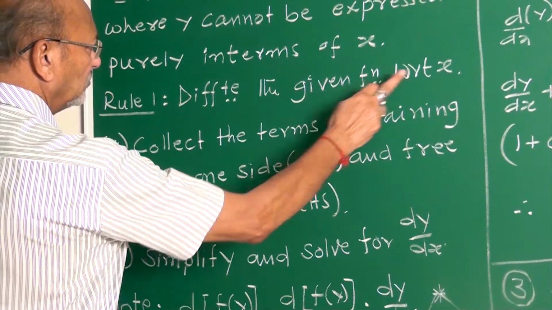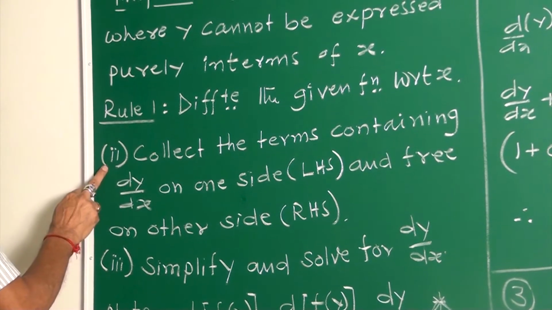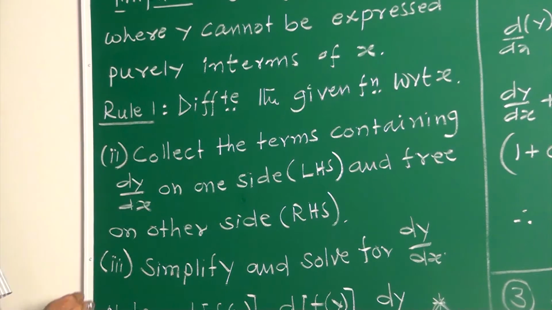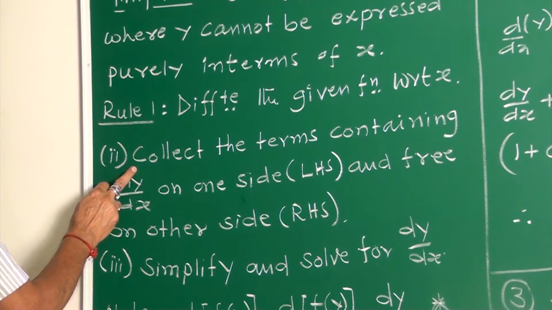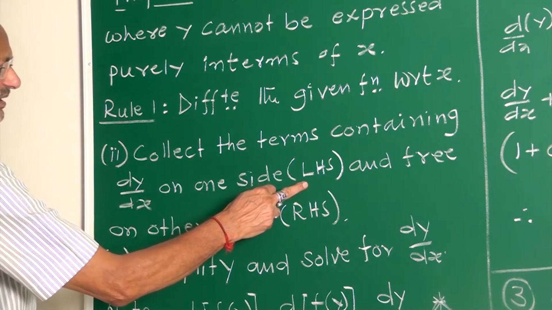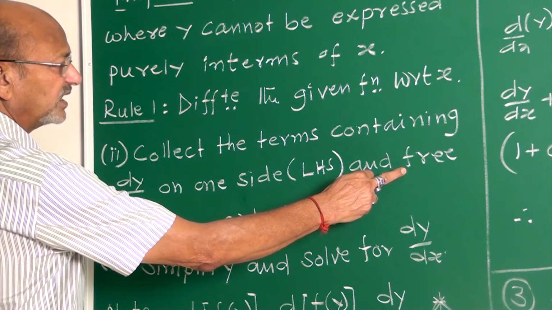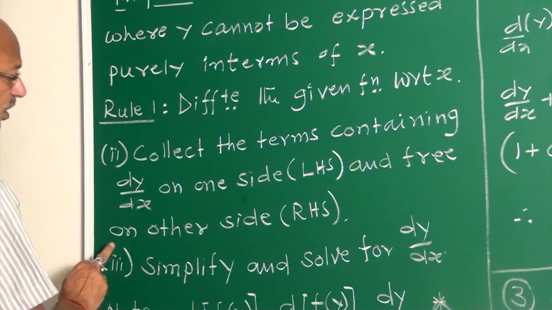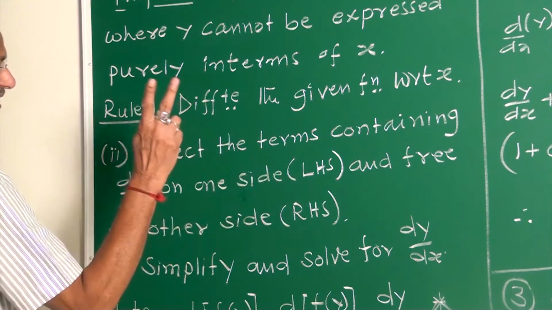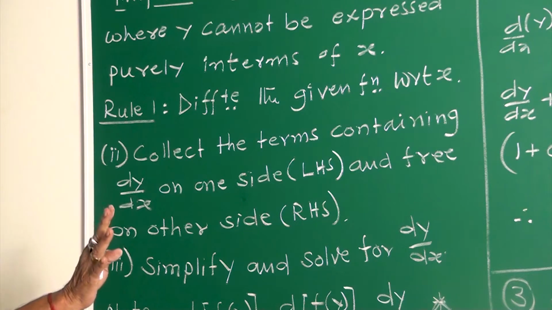Rule 2: after differentiating the given function, collect the terms containing dy by dx on one side, say the LHS, and the terms free from dy by dx on the other side, say the RHS.